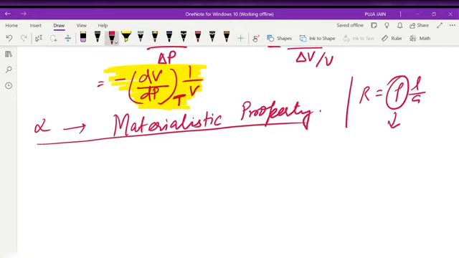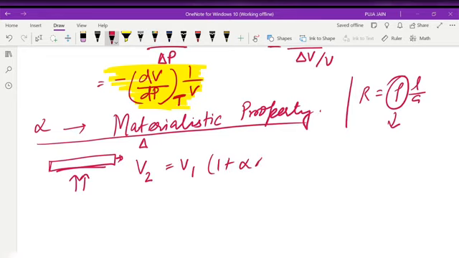Suppose there is a rod. After I heat this rod, the length of the rod increases very slightly, so that's why we use del. If the length is increasing, obviously the volume will increase, right? So if V2 is the final volume, we write V2 equals the initial volume V1 times 1 plus alpha del T. This we have read in class 11-12, in the chapter on thermal expansion. I hope you remember this.